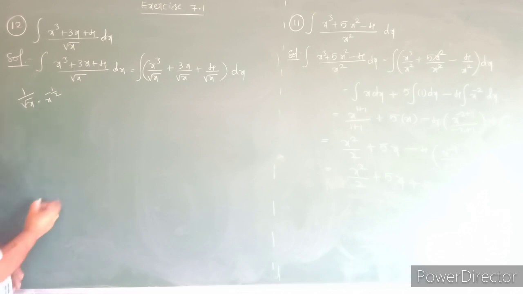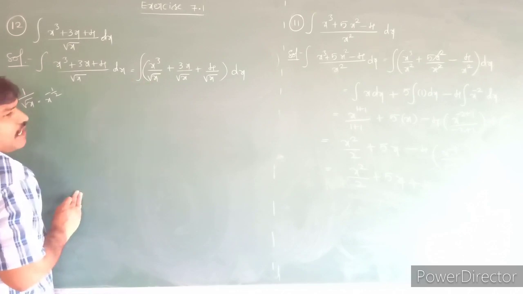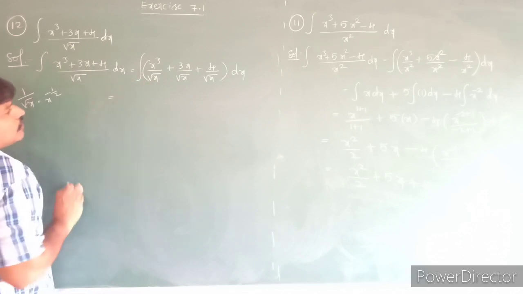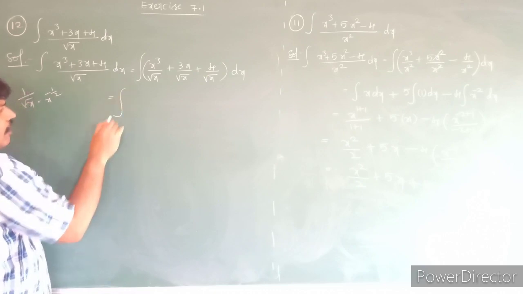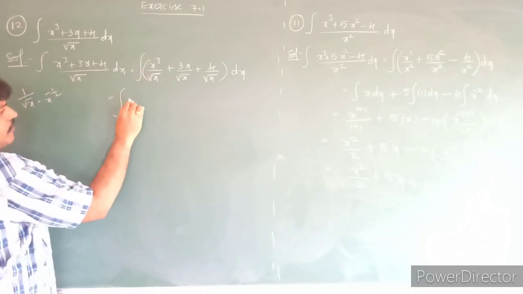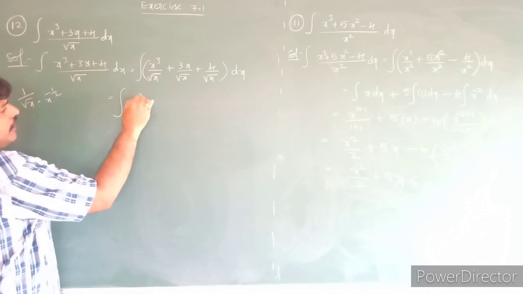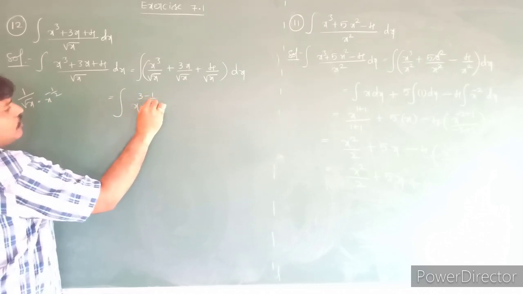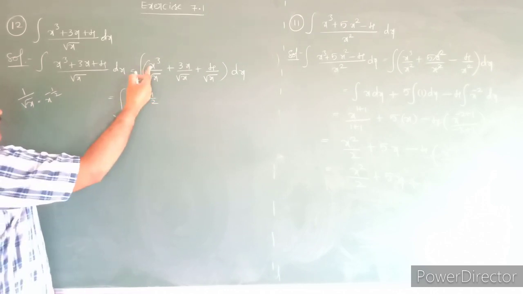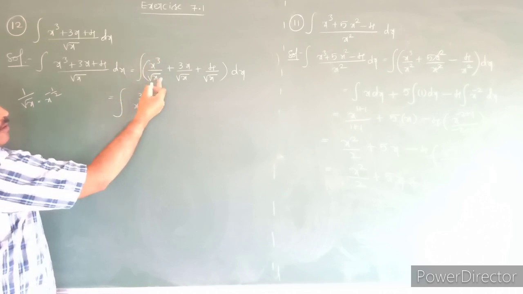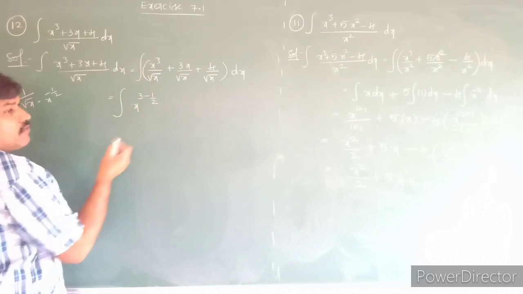So what happens here? See that carefully. That is equal to integral of x cube by root x, meaning x power 3 by x power 1 by 2. It will become x power 3 minus 1 by 2. Why?